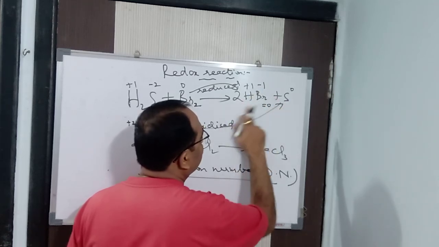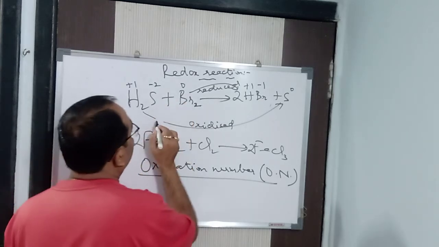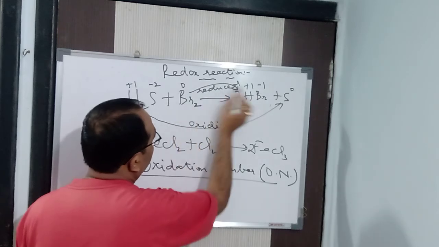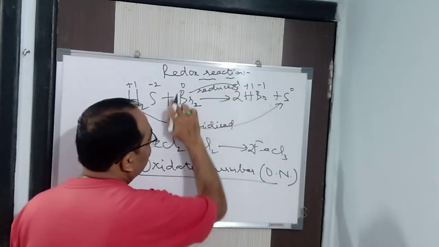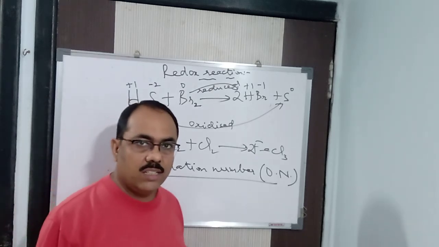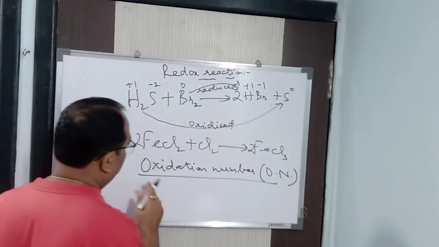So in the case of Br2, the oxidation number of bromine changes from 0 to -1. So it is a decrease. A decrease in oxidation number is known as reduction. An increase in oxidation number is known as oxidation.